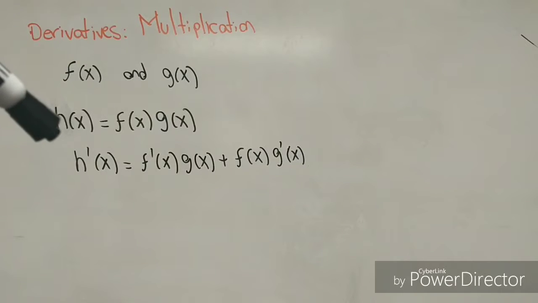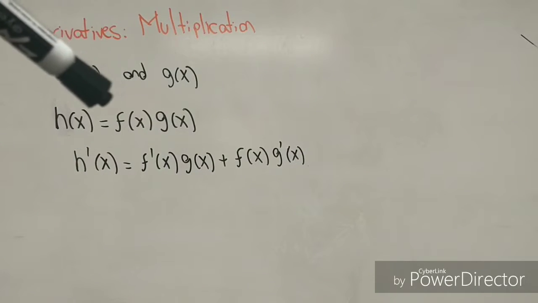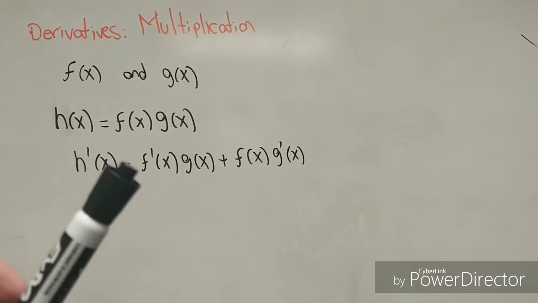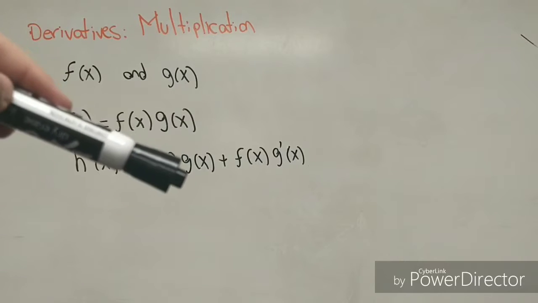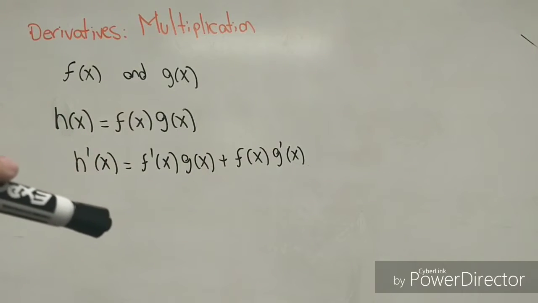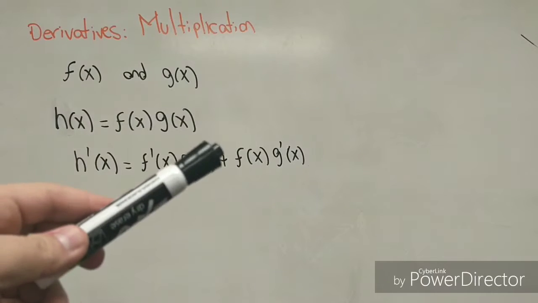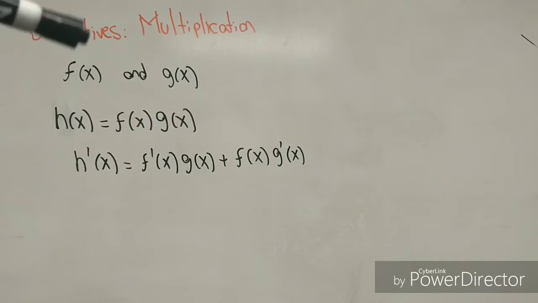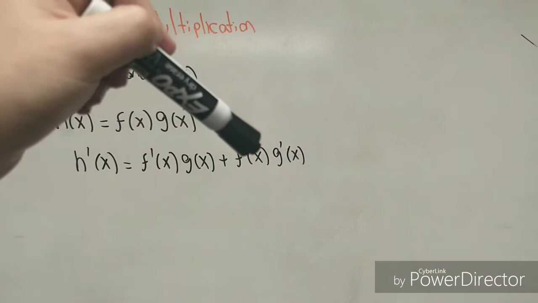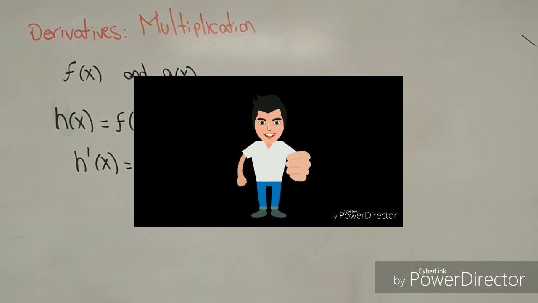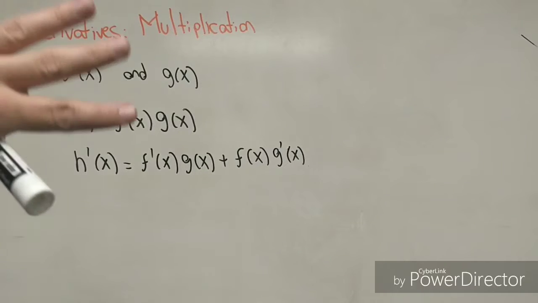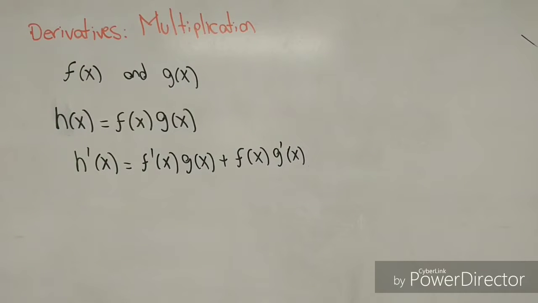According to the definition, the derivative of this multiplication is the derivative of the first function multiplied by the second function without the derivative, plus the first function without the derivative multiplied by the derivative of the second function. We're going to make an example, so this is going to be a little bit easier. So don't be afraid, and let's go for the example.